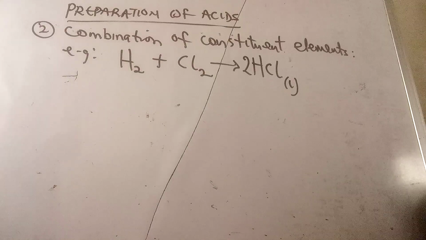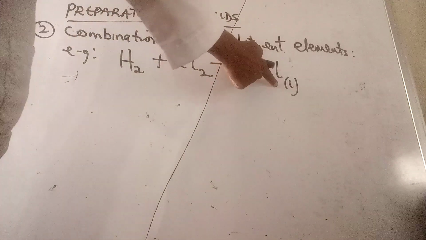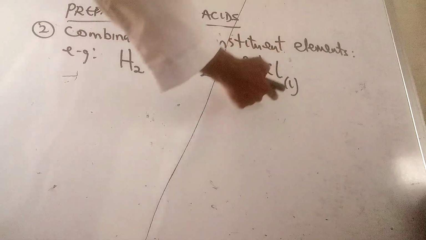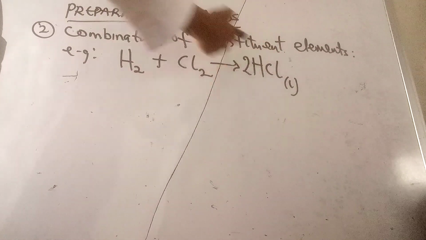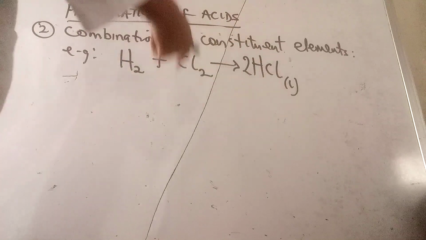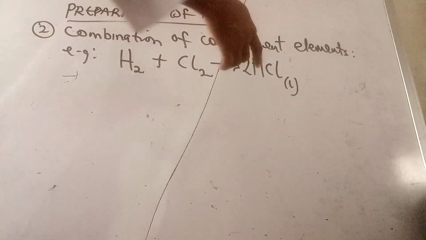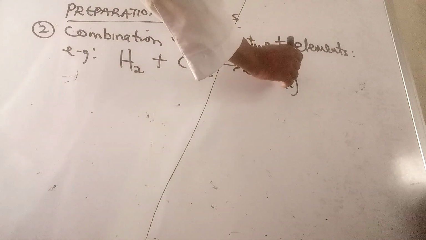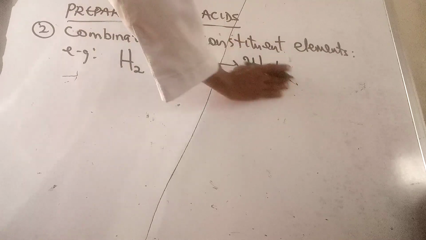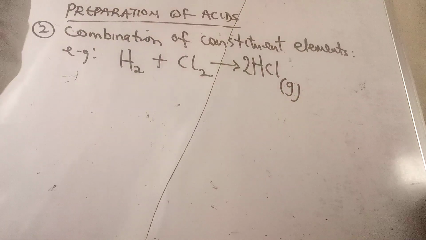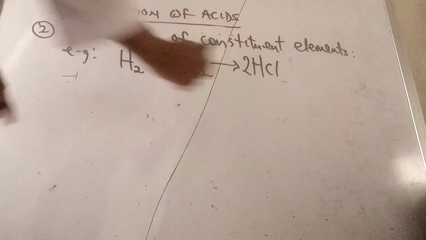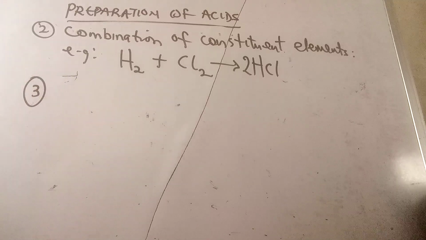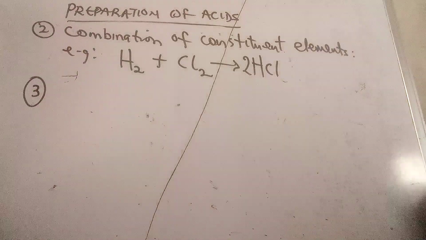Like I mentioned in part 1 of this topic, it can produce hydrogen chloride gas, but the hydrogen chloride gas can be further dissolved in water to produce hydrochloric acid. So this L shows liquid, liquid means it's an acid. If I put G there, it means a gas. Take note of that.